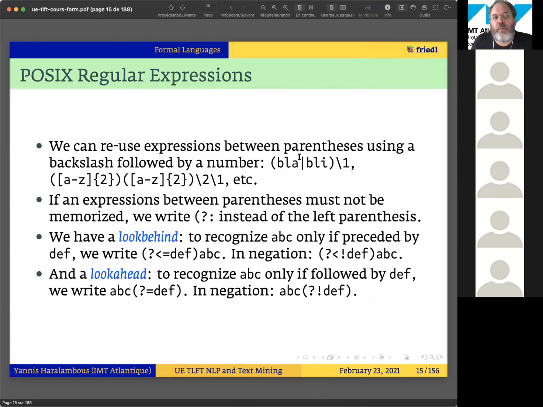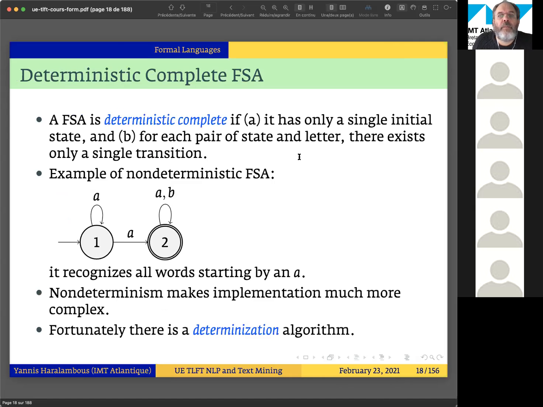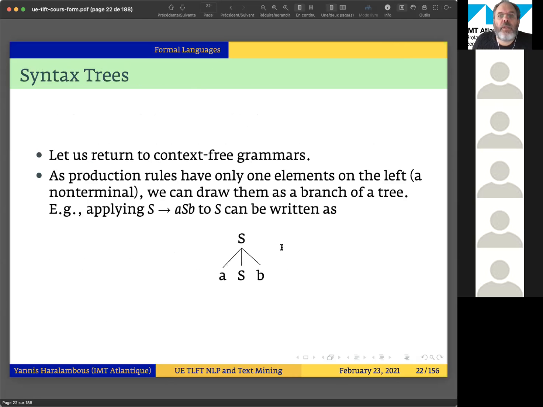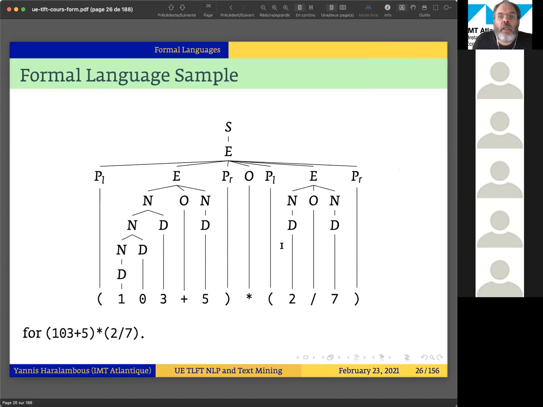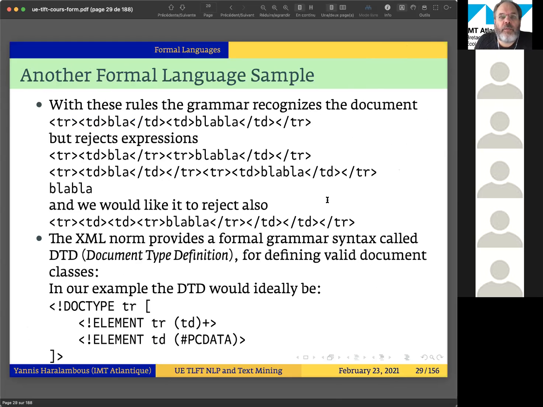We saw a special case of formal languages called regular languages that can be described by regular expressions and finite state automata. We also saw push-down automata that are able to describe context-free languages. And we finished with this slide on tools to make compilers using formal languages, regular formal languages.